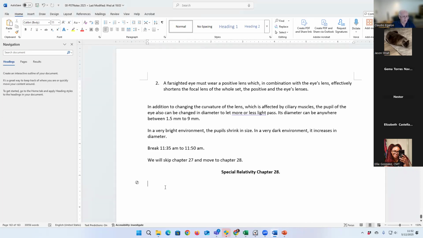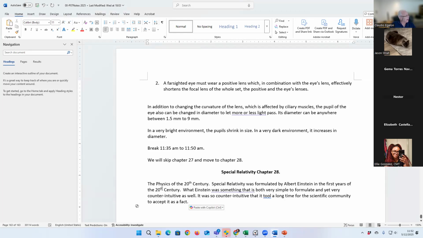Up to now, we're dealing just with the physics up to the 19th century. Okay, the theory of special relativity was formulated by Albert Einstein in the first years of the 20th century.